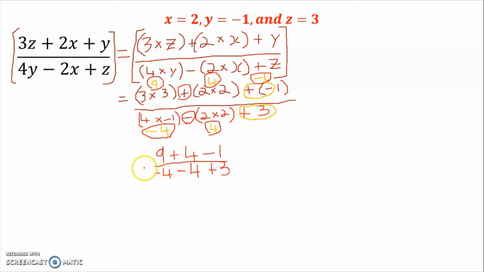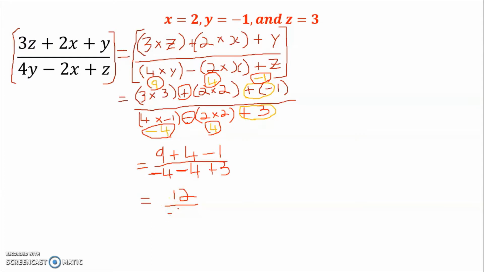Now we need to simplify that. 9 plus 4 equals 13, and 13 minus 1 is 12. So you get 12 over negative 4 minus 4. The signs are the same, so you add 4 plus 4 and keep the negative sign, so you get negative 8.